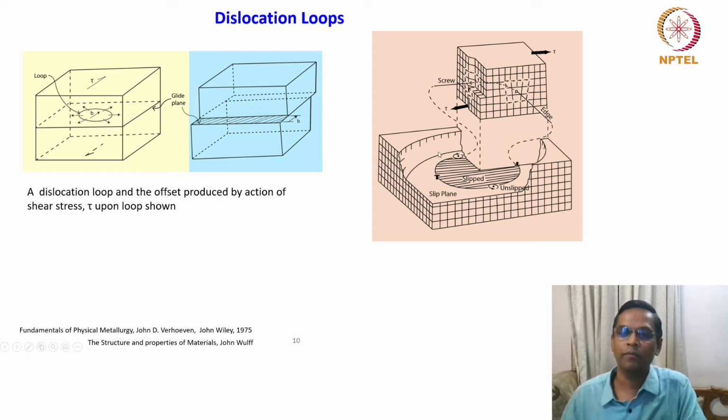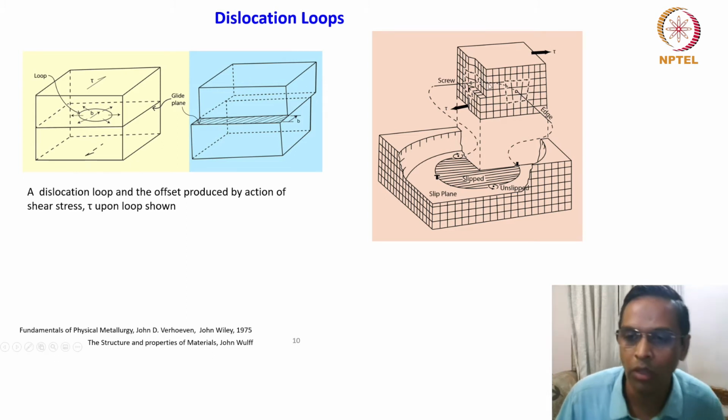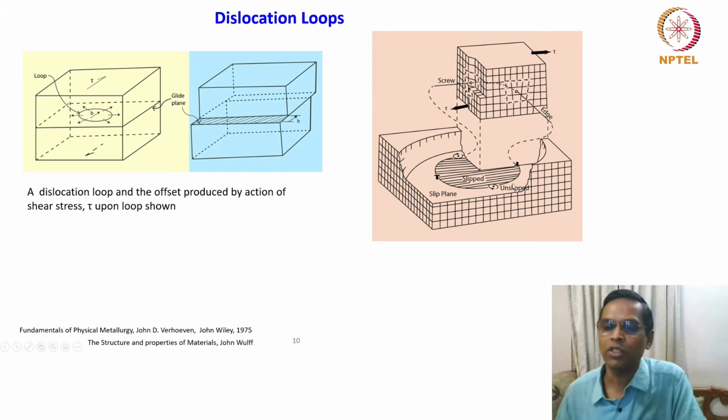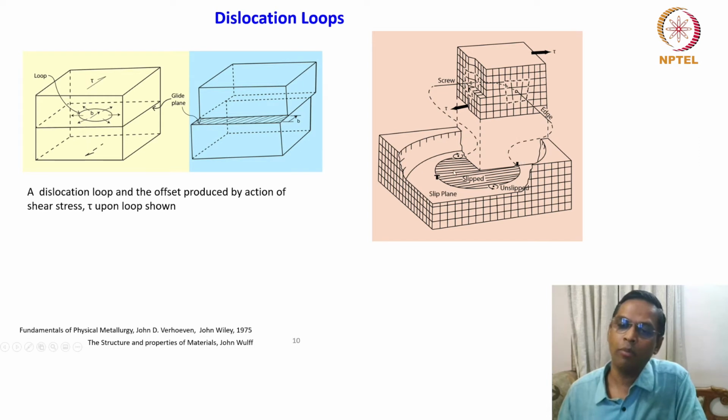So what is shown here is a slip region inside the crystal unit, and this is the cutout unit from there, which is already slipped, which is exhibiting a screw character as well as edge character, and somewhere in between a mixed character. That we know what to do, right? So now what is shown here is that the loop in the opposite ends will have dislocations of opposite sign.